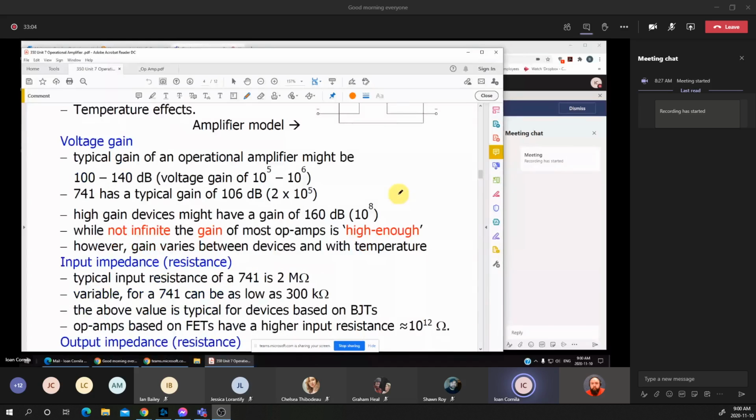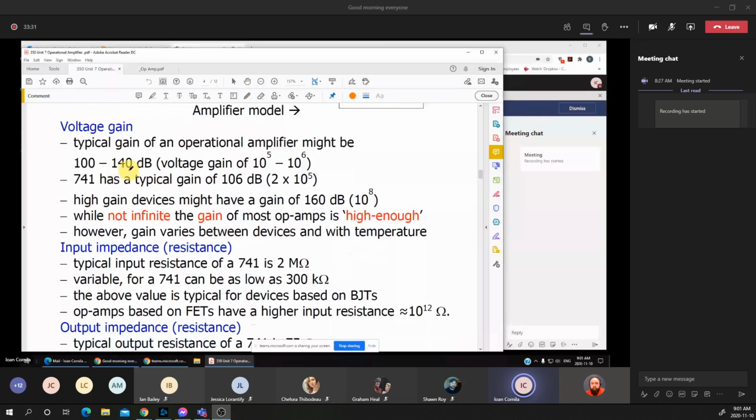Now we'll talk about the voltage gain, the resistance, and the output impedance for a practical op amp. Usually, the typical gain is around 100 or 140. 140 is one of the values that is specific for a certain family or a certain type of the op amps.